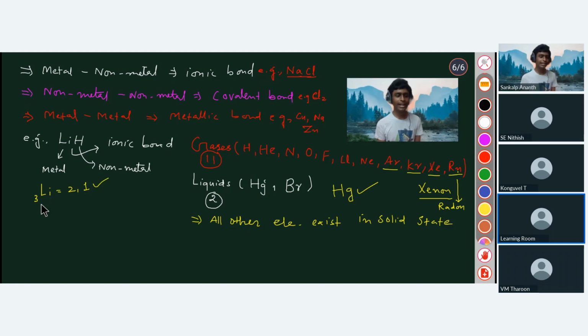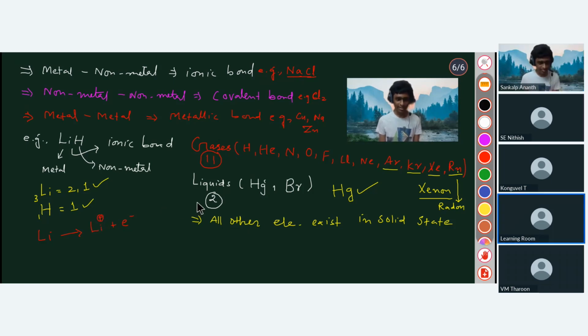Lithium will give the last valence shell electron to the hydrogen, so that hydrogen will have 2 in its valence shell and lithium will have 2 in its valence shell. Exactly, right.